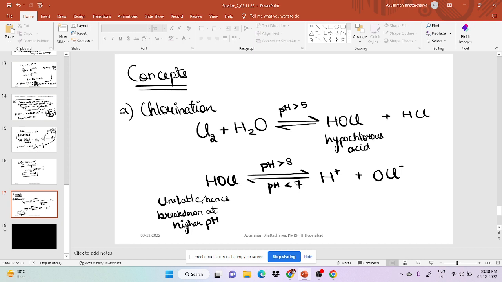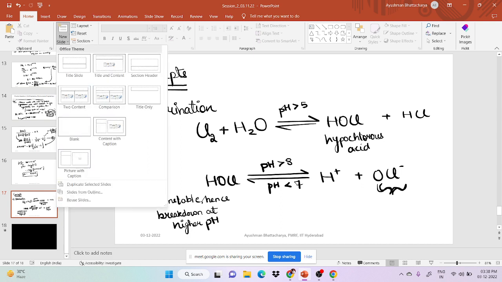OCl minus is a comparatively weaker disinfectant compared to HOCl. This is because OCl minus is negatively charged, therefore it repels the bacteria, because bacteria are also negatively charged. So there is a repulsion. That's why we try to keep pH just lesser than 7.